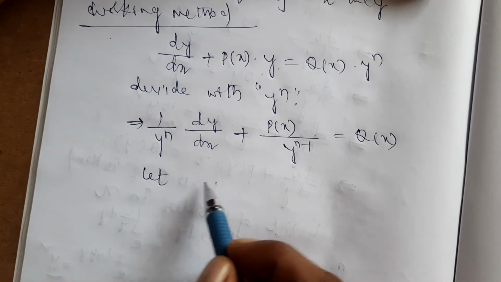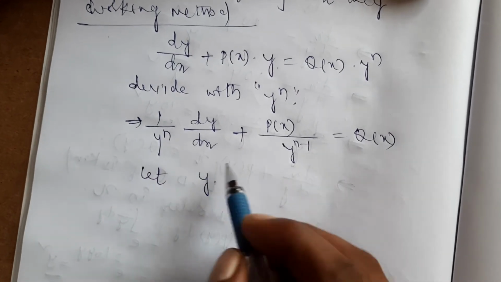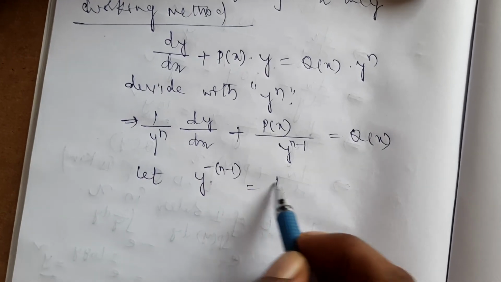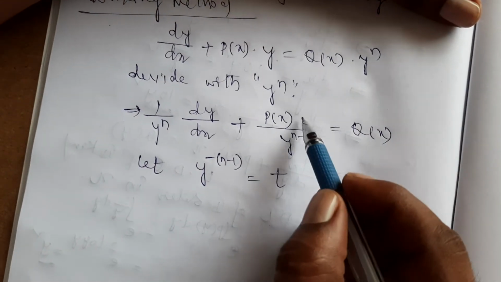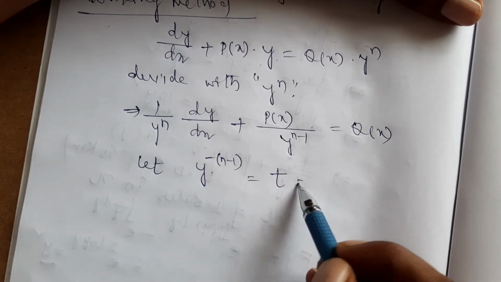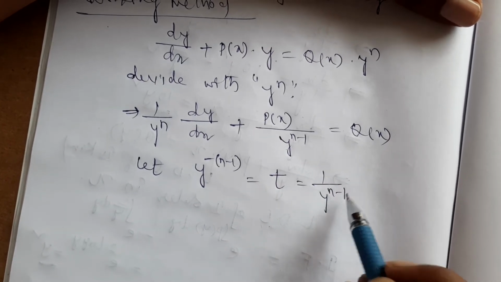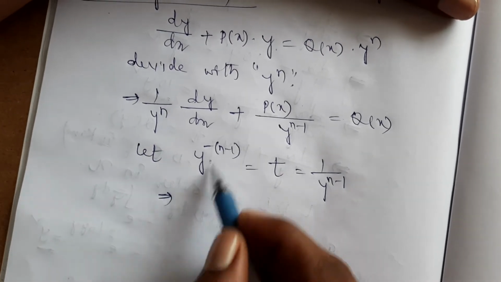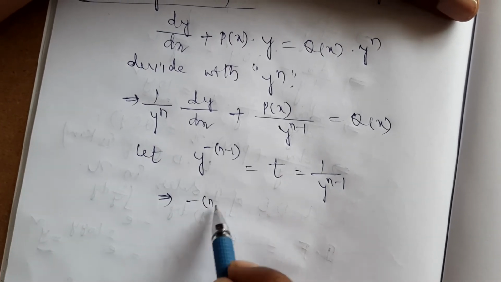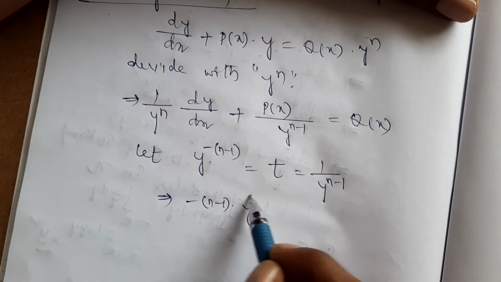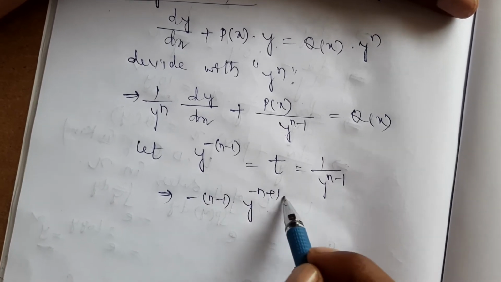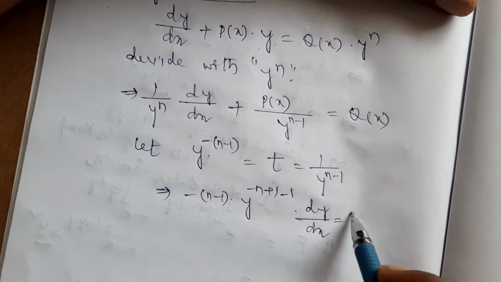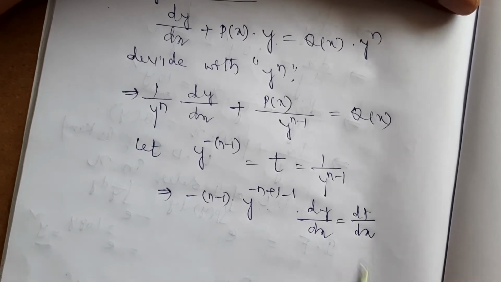Let y power minus of n minus 1 is equal to t. Here it is 1 by y power n minus 1, nothing but 1 by y power n minus 1, I can take as t. Then differentiate this value. If I differentiate this value, what is the value? Minus of n minus 1 into y power minus n plus 1 minus 1 into dy by dx is equal to dt by dx.